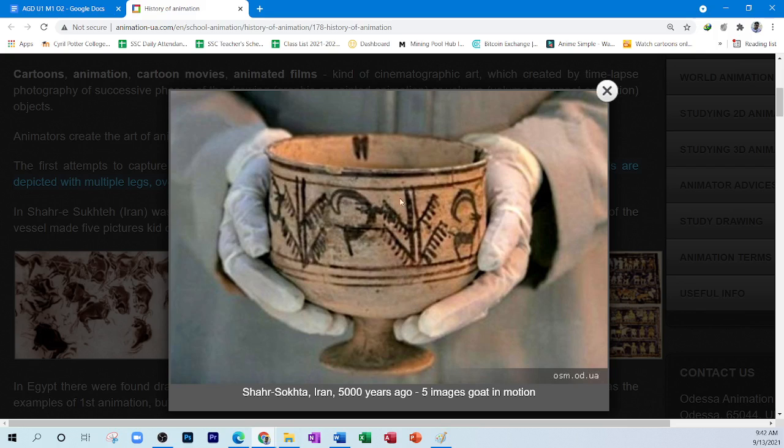So if you were to rotate this cup, that would even give it more perception of movement, because the cup will be moving, and the images will be moving along with the cup.